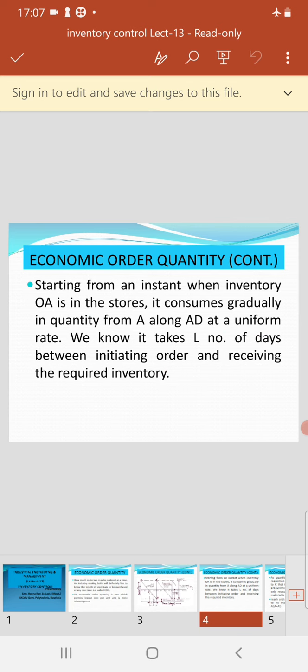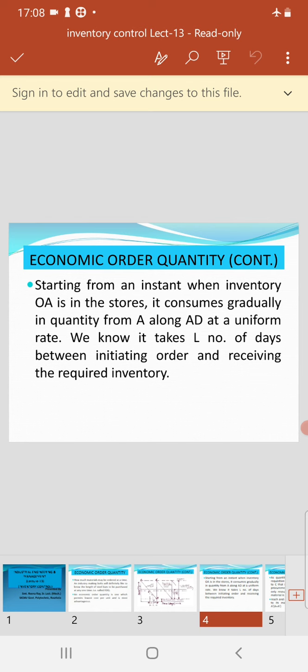starting from an instant when inventory OA is in the store, it is consumed gradually from A along the line AD at a uniform rate, because the graph is a straight line. So at a uniform rate the inventory is consumed, and the quantity decreases day by day.